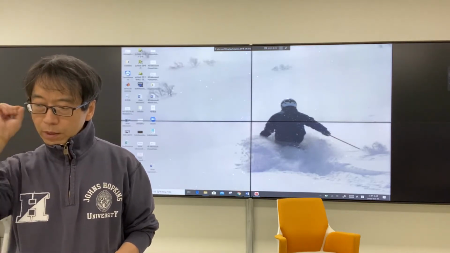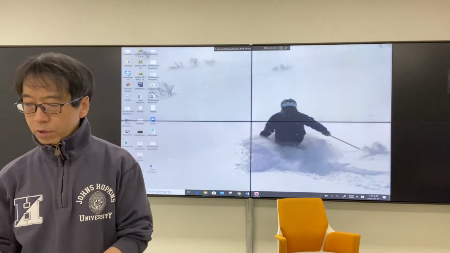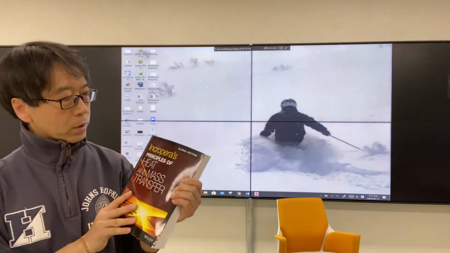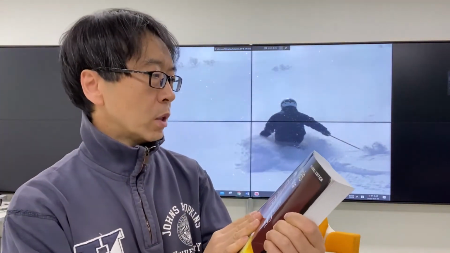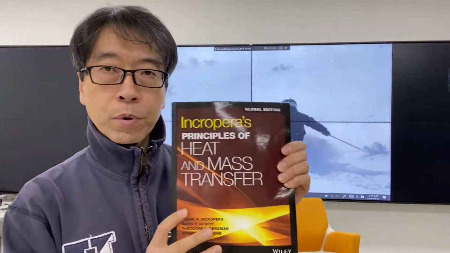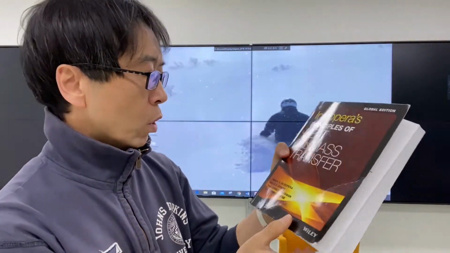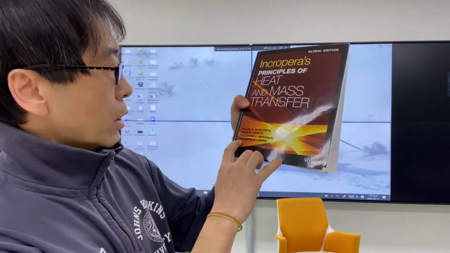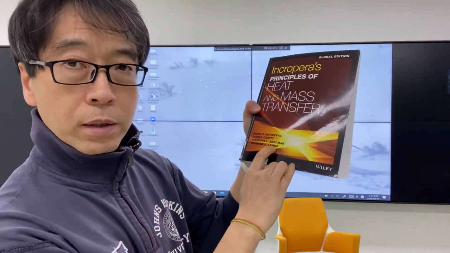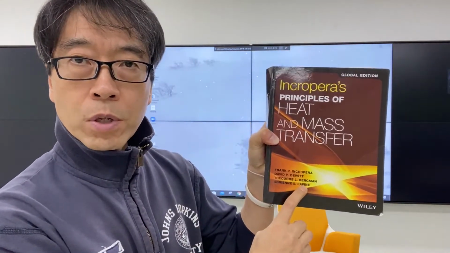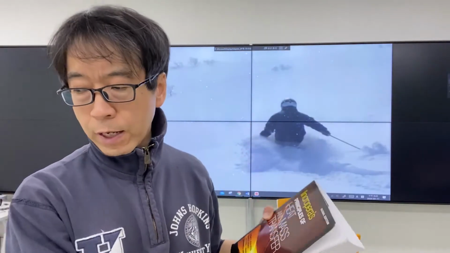Well, I need to introduce first of all the textbook. The textbook is Incropera and DeWitt's Principles of Heat and Mass Transfer. And one of the co-authors, Adrienne Lavine, is a really famous professor at UCLA.